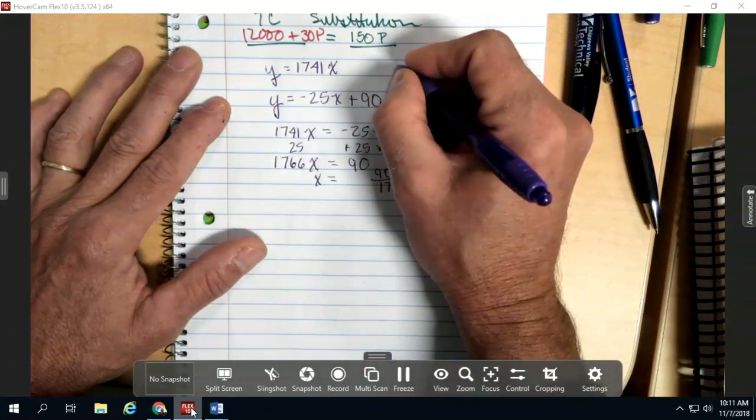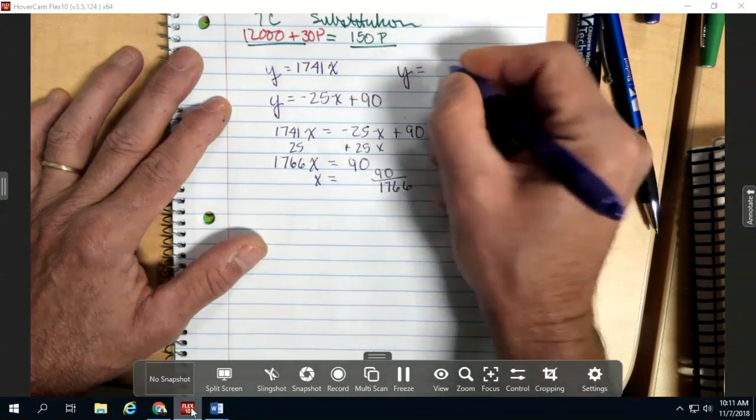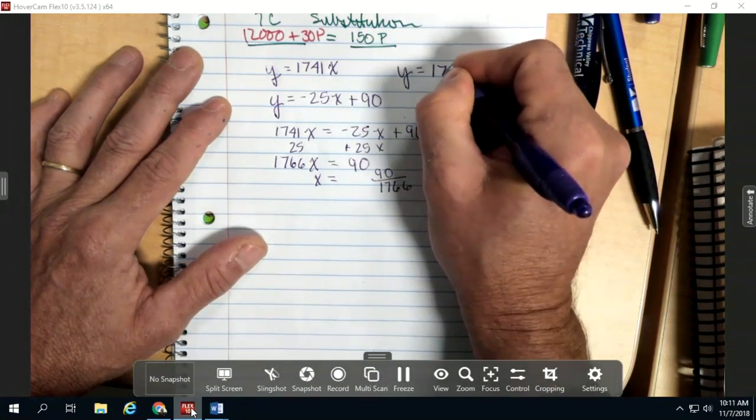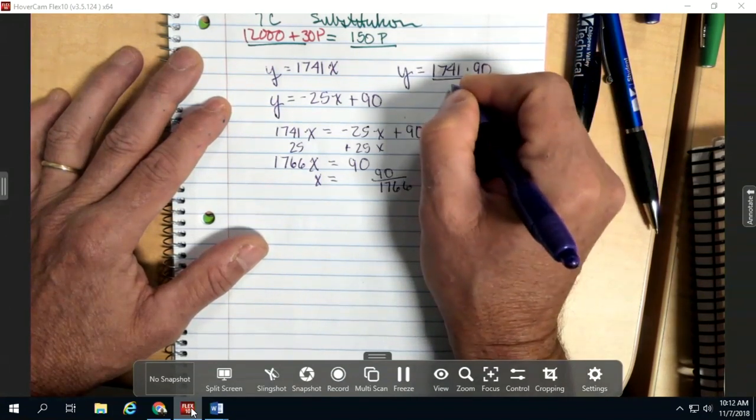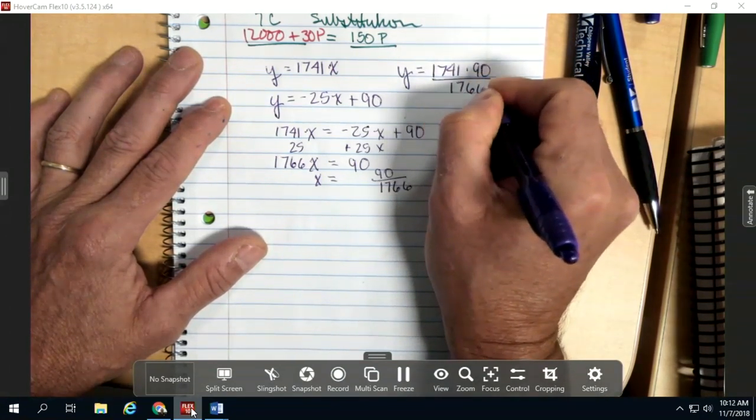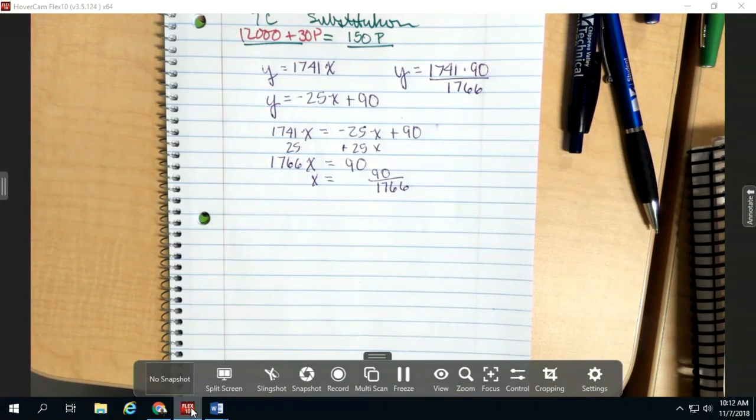Substitute that back into here. y will be 1741 times 90 divided by 1766.